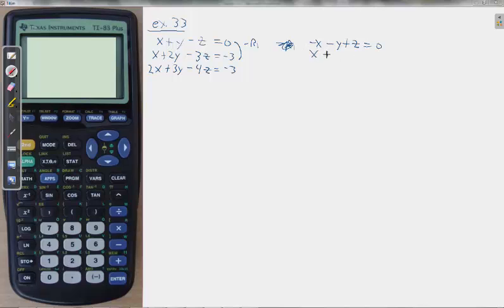Then I have x plus 2y minus 3z equals negative 3. Add down, you get y minus 2z equals negative 3. And then I guess it doesn't really matter, but take the top and bottom one, negative 2r1.